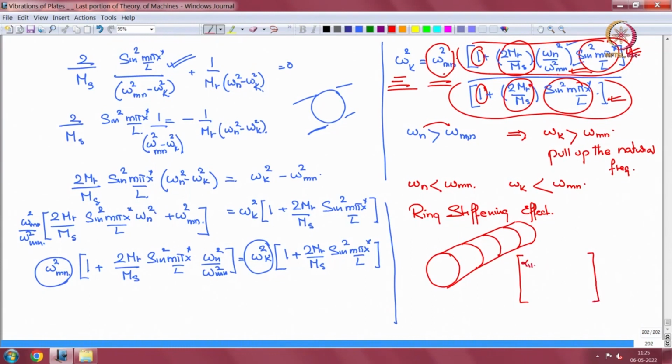Okay, alpha 11 plus beta 11, alpha 22 plus beta 22, alpha 33 plus beta 33, and these rings are independent, so the cross receptance will not be there. So this will just be alpha 12, alpha 13, alpha 21, etc. Okay, and then you will have the three amplitudes.